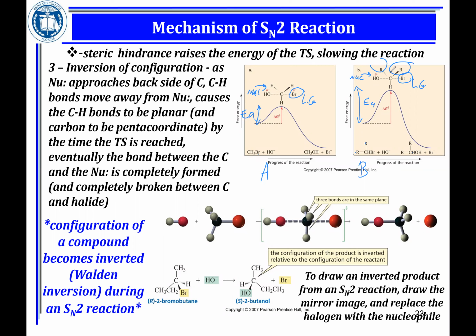This type of reaction is SN2 because we know that both the nucleophile and the alkyl halide are involved in the rate determining step. So we know this is SN2, and this one is also SN2. But SN2 A is much faster than SN2 B because SN2 B has steric hindrance.